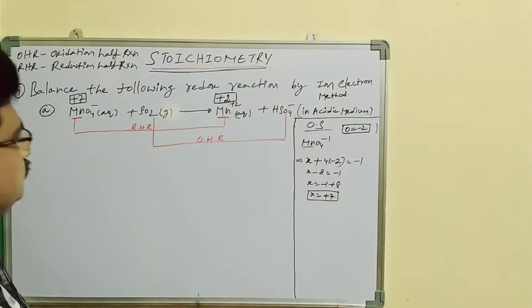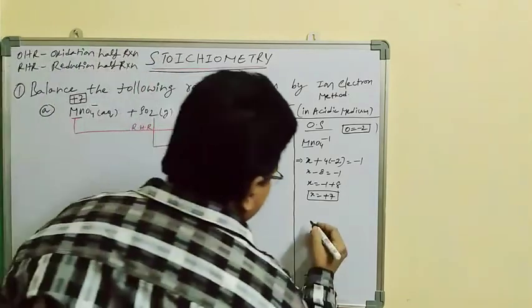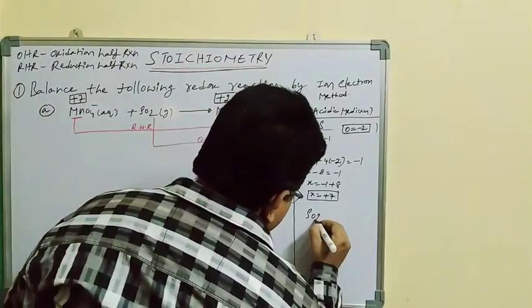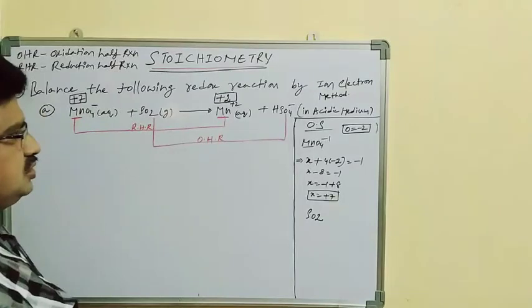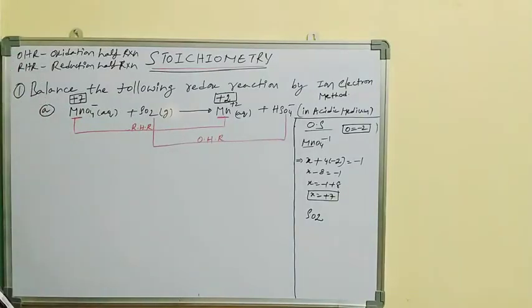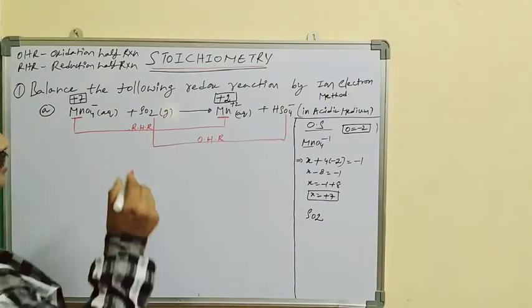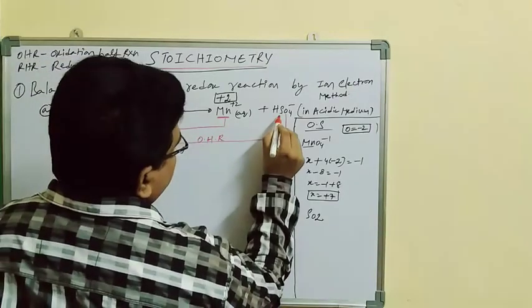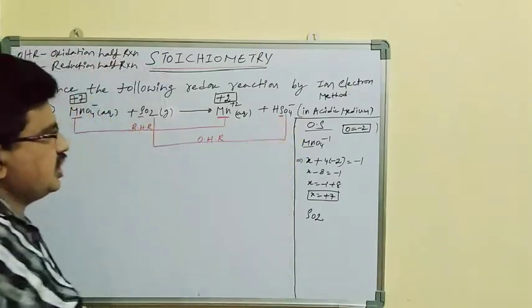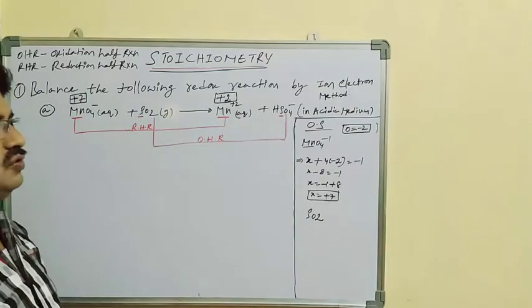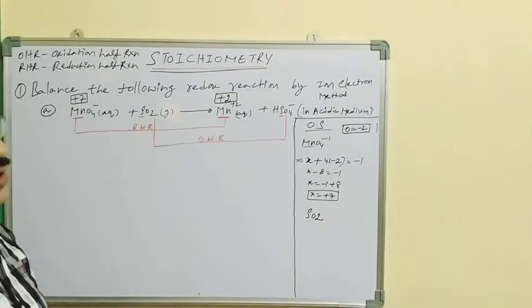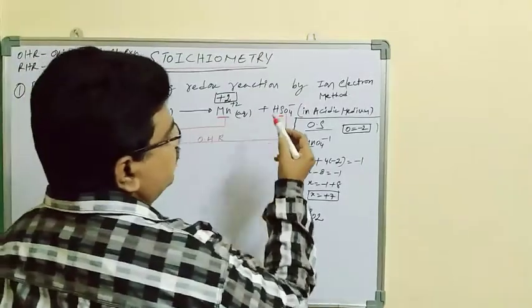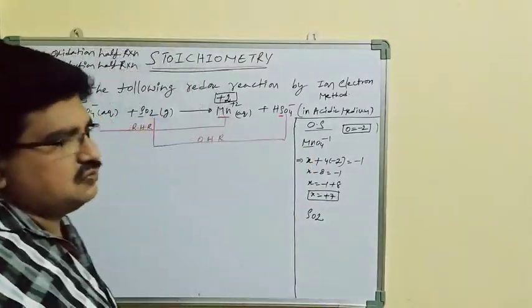See here, I am calculating the oxidation state in SO2. We have to find the oxidation state of sulfur, which is present on the reactant side as SO2 and on the product side as well.